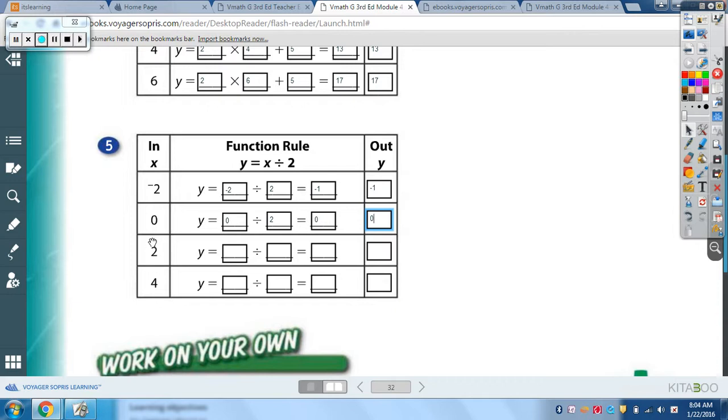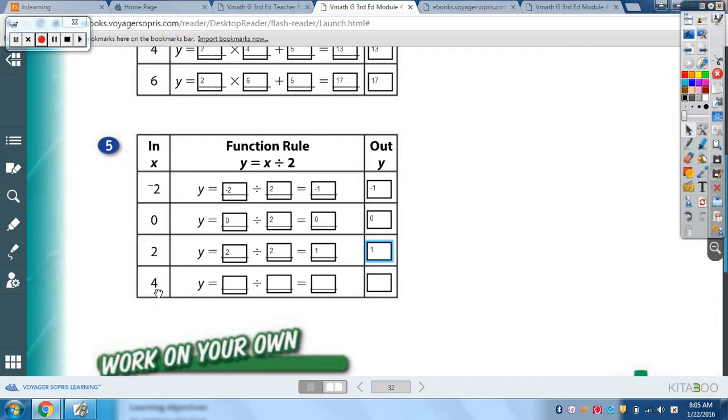Now we're going to input positive 2 for our x value in our function rule. So our new expression will be 2 divided by 2. We know that 2 divided by 2 is 1, and a positive divided by a positive is positive. So our output value, or our y value, will be positive 1.